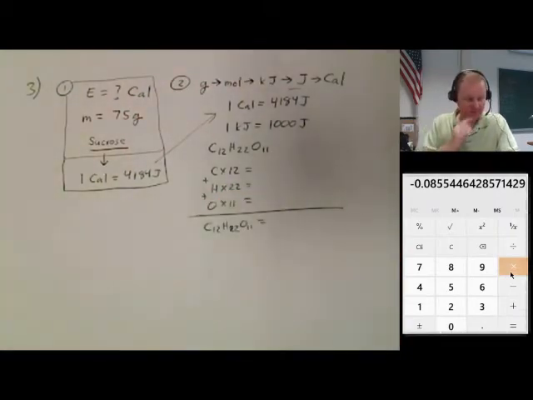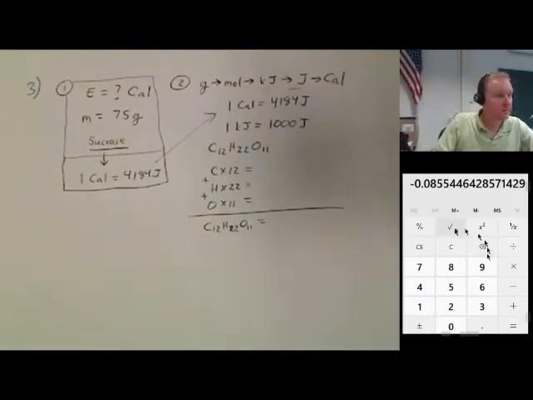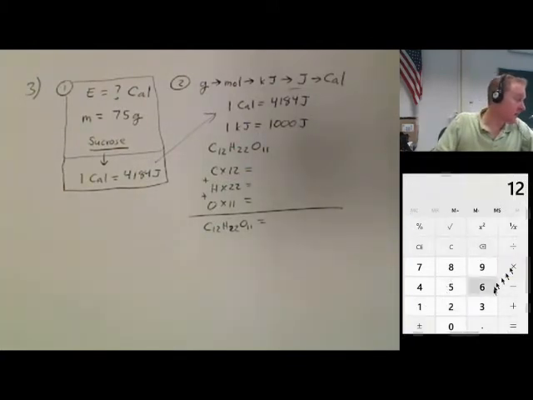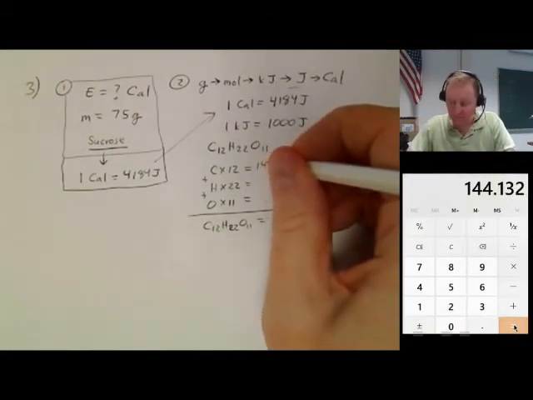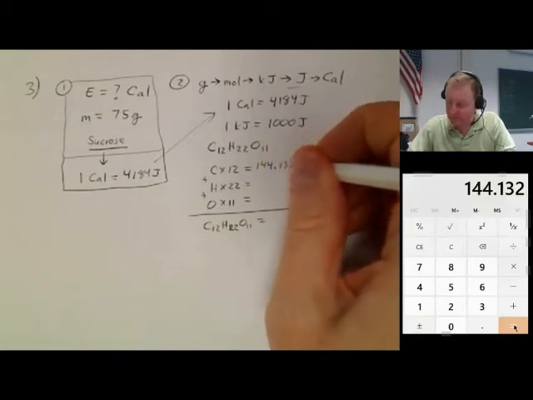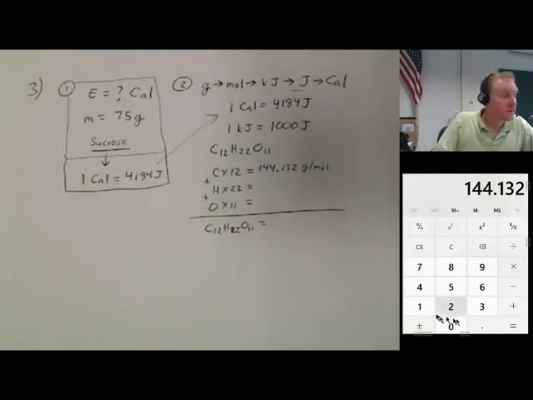So 12 carbons would be a molar mass of 12 times 12.011. That would be 144.132 grams per mole. Hydrogen is 1.008 times 22 of them.